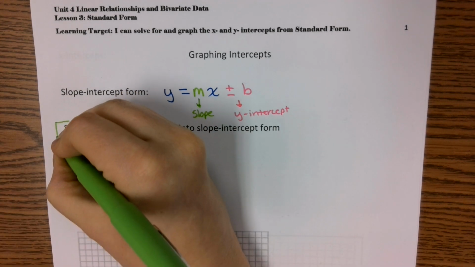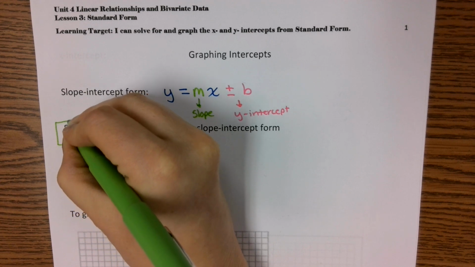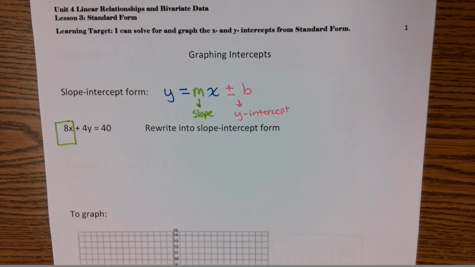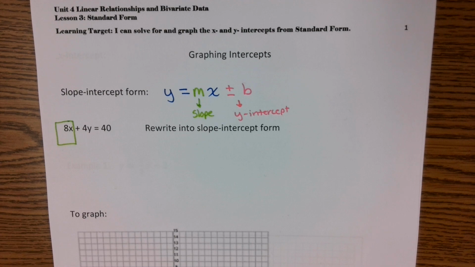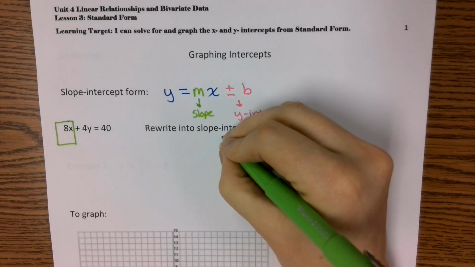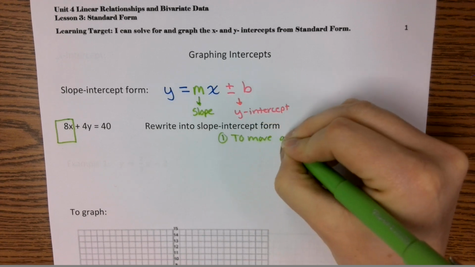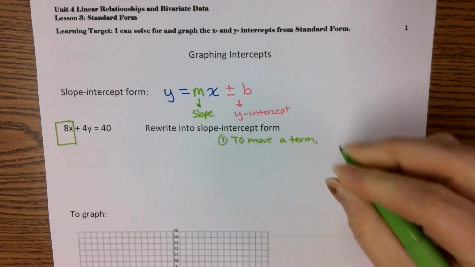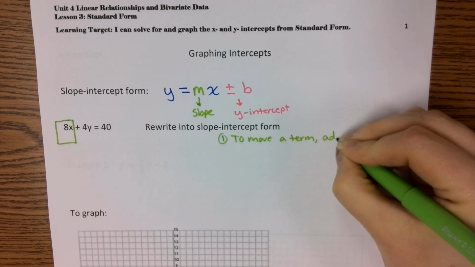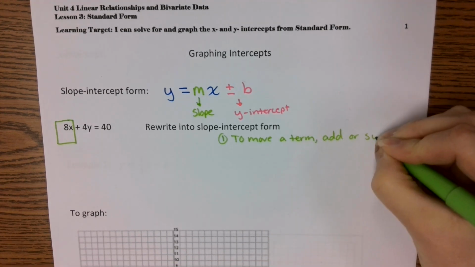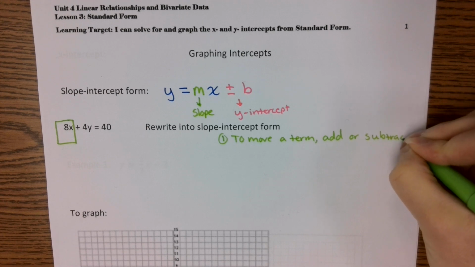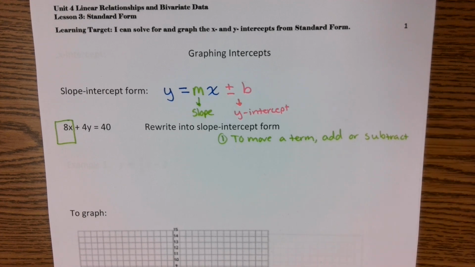If I need to move a term to the other side, I do so by adding or subtracting. So let's write that step down. To move a term, you are going to either add or subtract. In order to move an entire term, you are going to add or subtract.